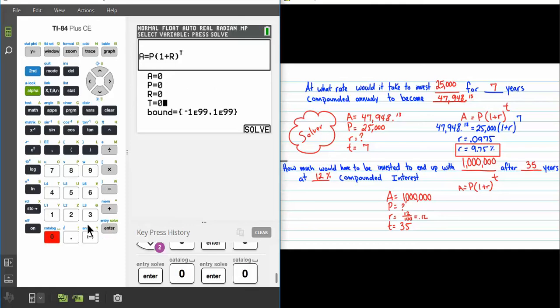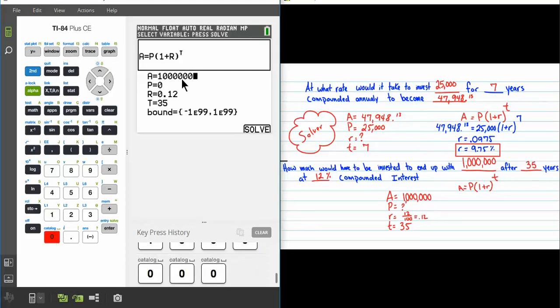All right, so then let's see. I know my T, so I'll replace the T with the 35. Okay. I know my R is 0.12. Let's see, for my P, I don't know it, so I'll leave it alone. And my A is 1 million.